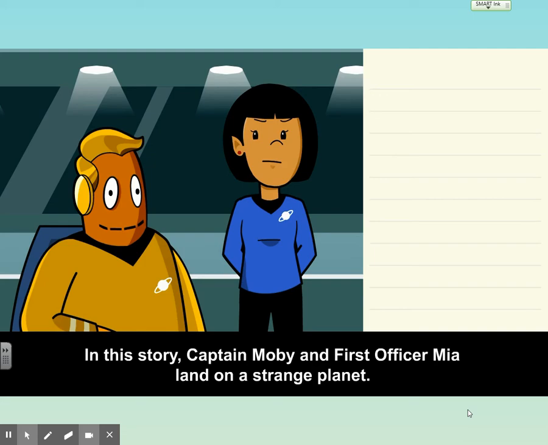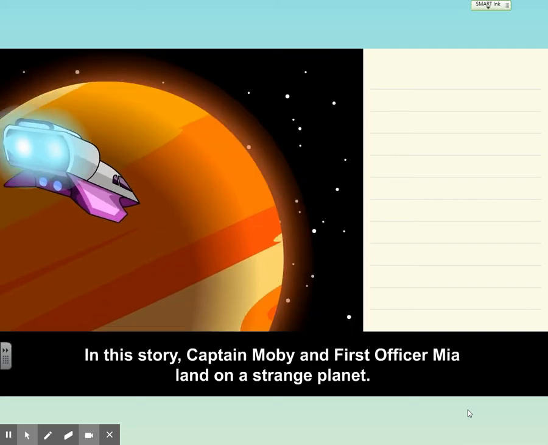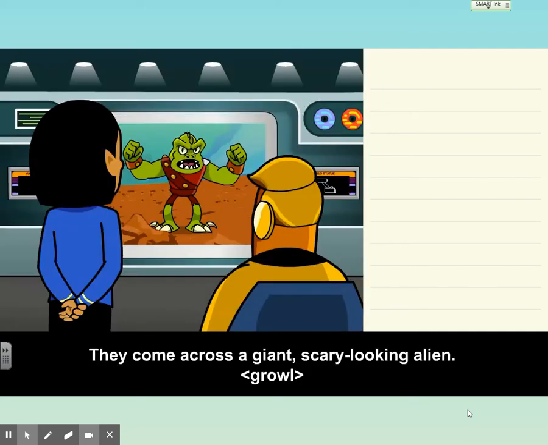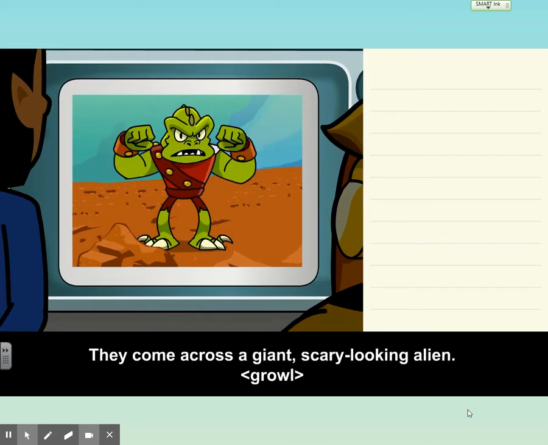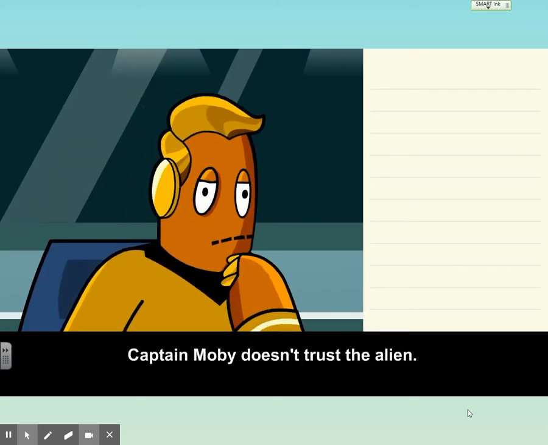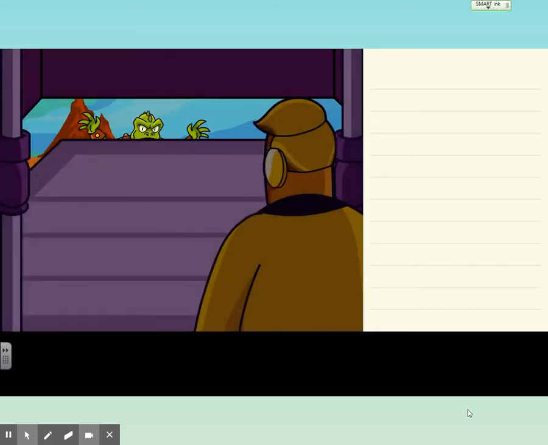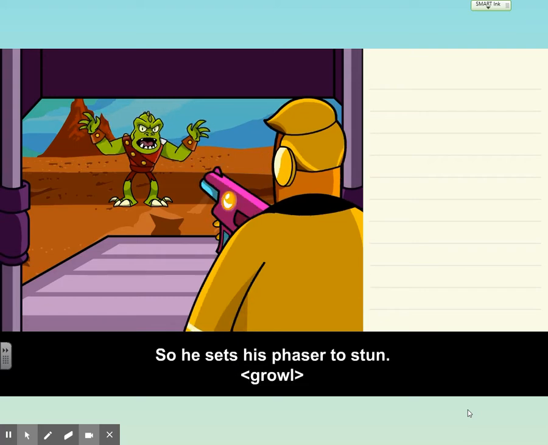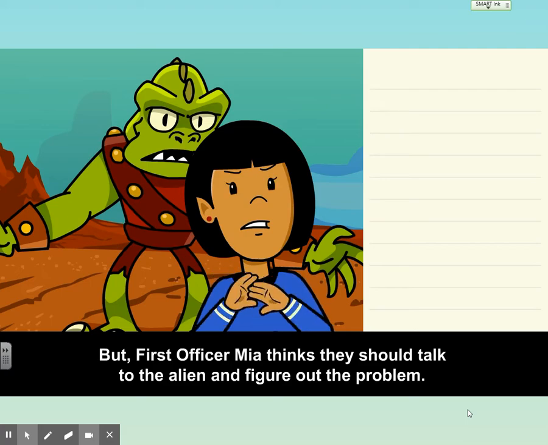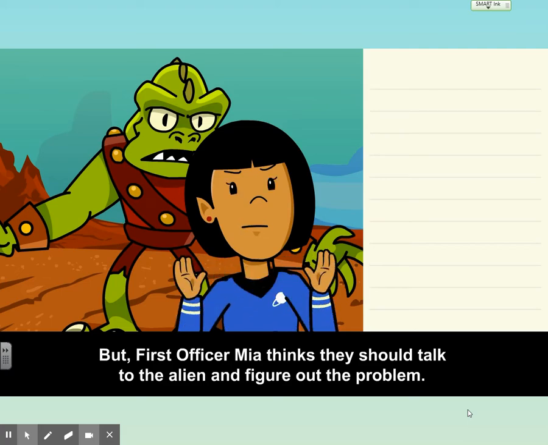In this story, Captain Moby and First Officer Mia land on a strange planet. They come across a giant, scary-looking alien. Captain Moby doesn't trust the alien, so he sets his phaser to stun. But First Officer Mia thinks they should talk to the alien and figure out the problem.